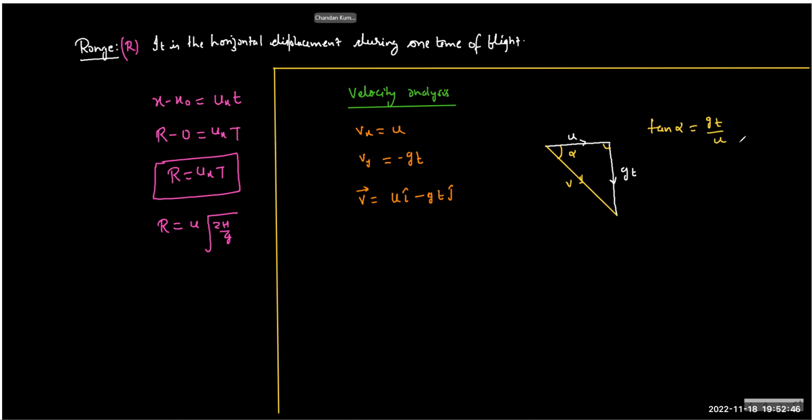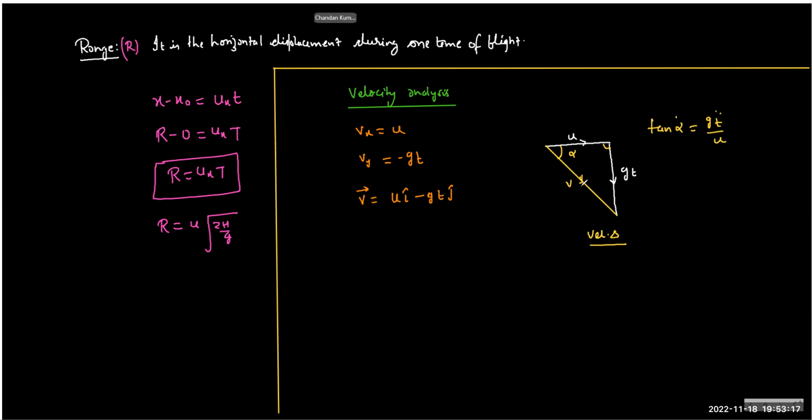So if you know that a velocity vector is making angle alpha with the horizontal, you can find the time actually. Given alpha, you can find t, or given t, you can find alpha. Yes or no? So this relation is again very important to solve numericals, and this is called the velocity triangle. Because it's a right angle triangle, every side represents a length.